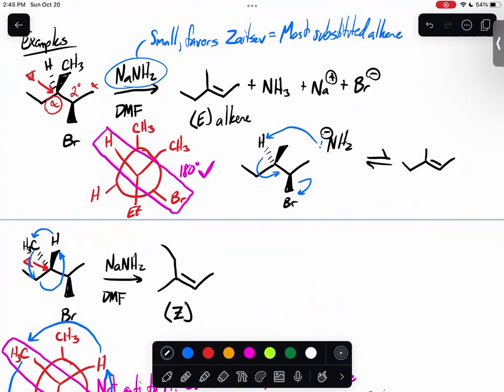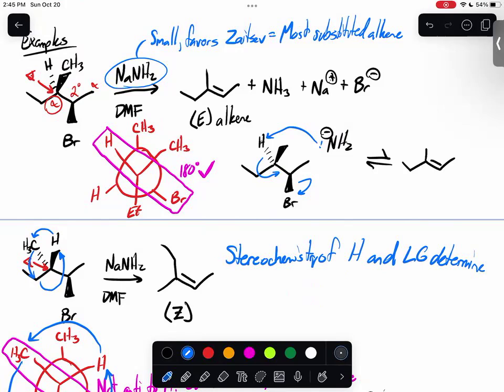So what we're saying is that the stereochemistry of the hydrogen and leaving group determine the alkene stereochemistry. So you always need to make sure that you're paying attention and grabbing the anti-hydrogen to the bromine.